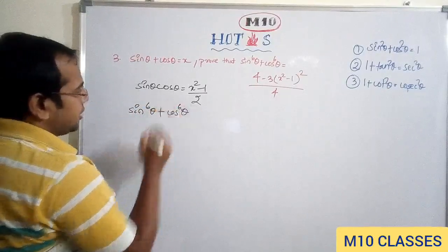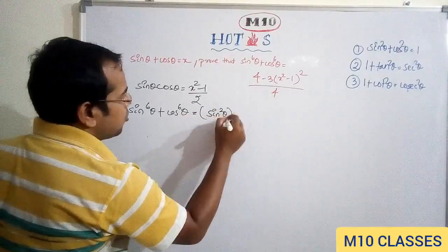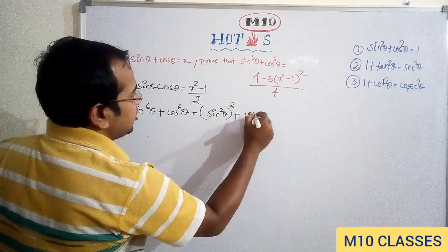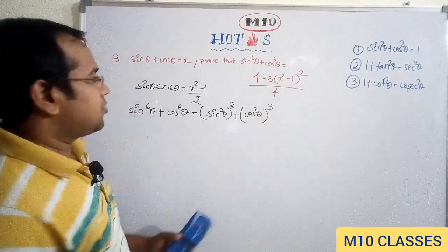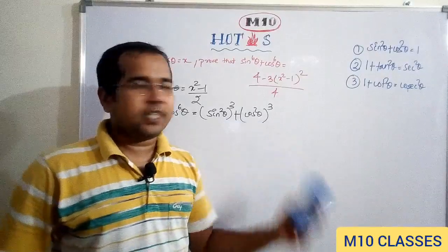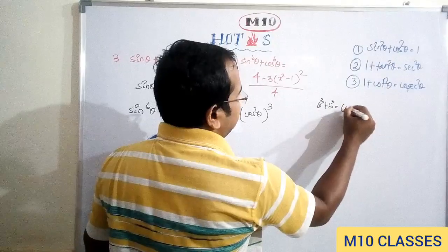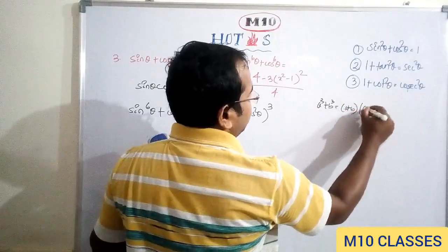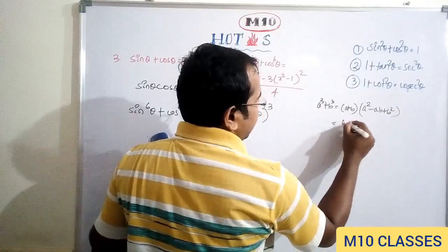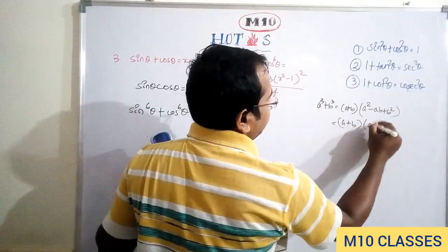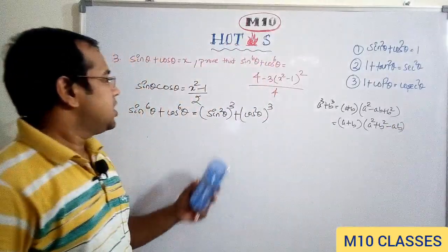I can write it as sin square theta whole cube plus cos square theta whole cube. Now friends, this is in the form of a cube plus b cube. Now a cube plus b cube equals a plus b whole into a square minus ab plus b square, or else I can write it as a square plus b square minus ab. Okay. So when we put these values, what will you get?